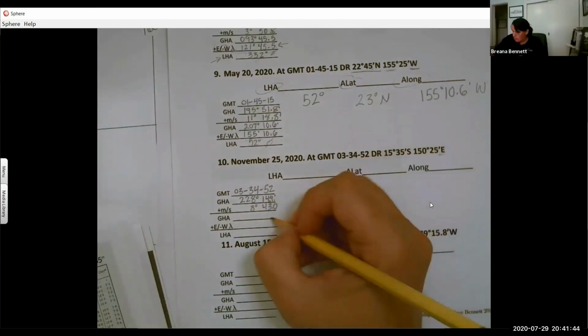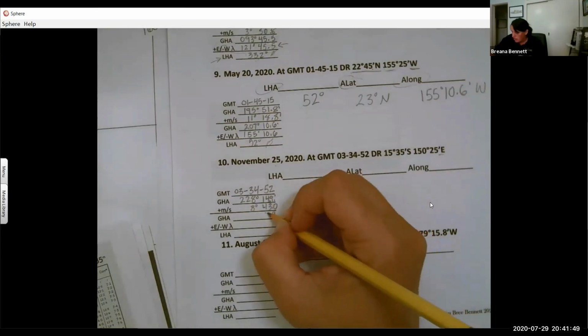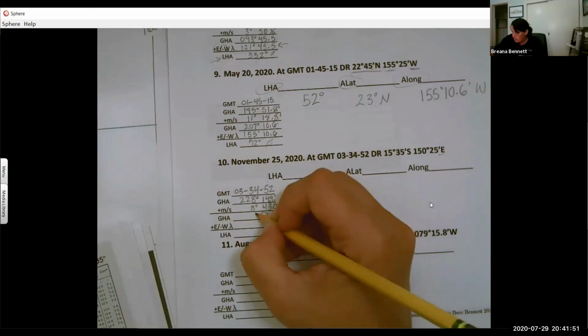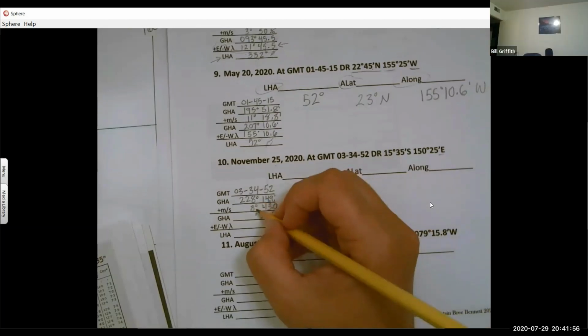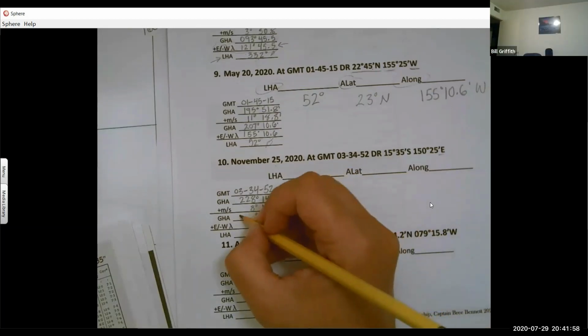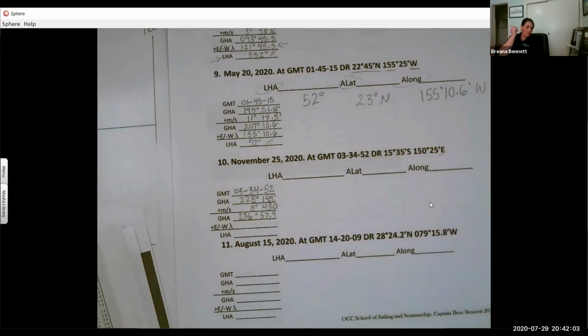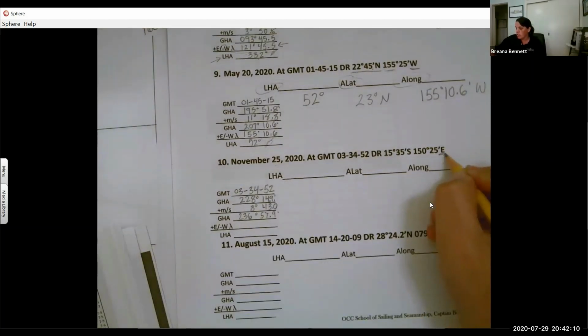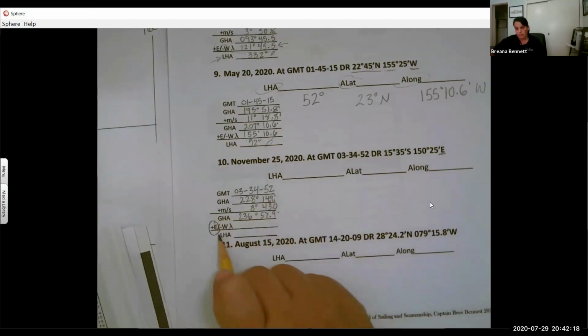We add those up, we get 236, 57.9. That is our GHA. Now, because our longitude is east, we are going to be adding it. So we are adding it this time.